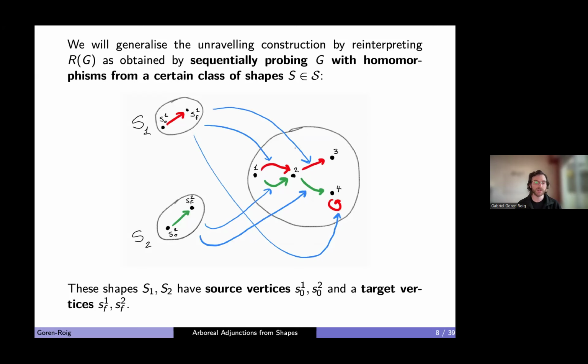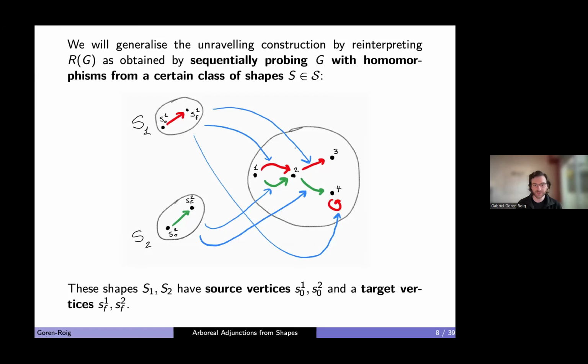Now, I want you to think of this as sequences, but sequences of homomorphisms into our object. So these are homomorphisms from a certain class of shapes that we will call S. And in this particular case, this class has just two objects, two graphs. The graph with two vertices and one red edge between them, and the graph with two vertices and one green arrow between them, as we see on the left.